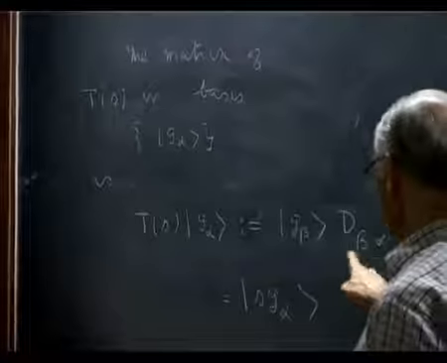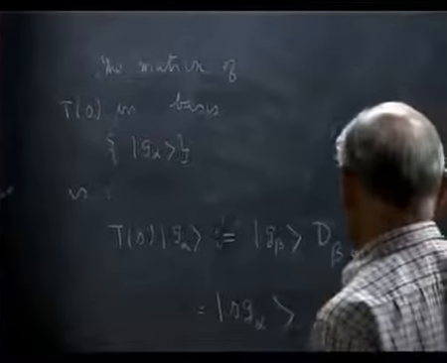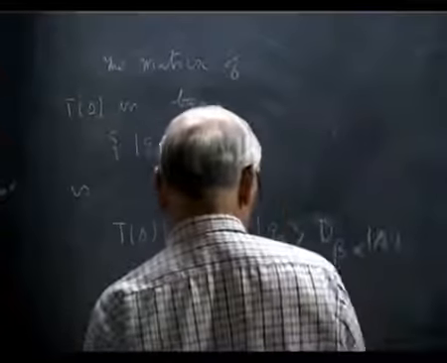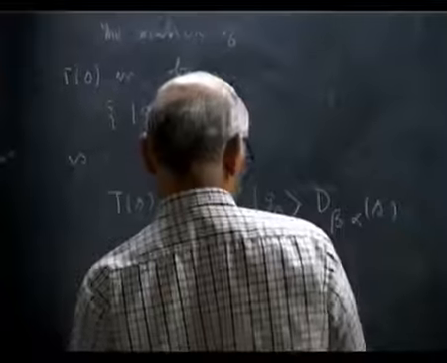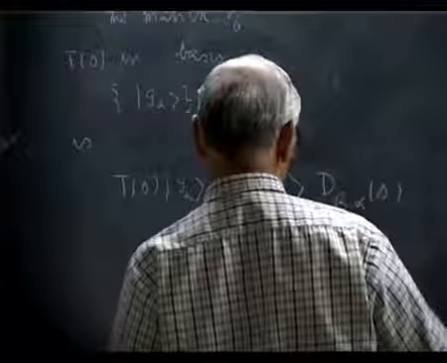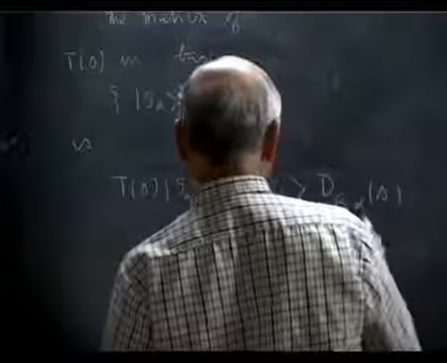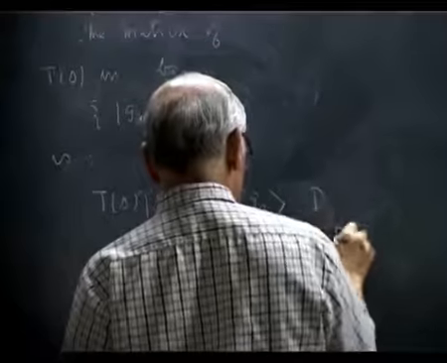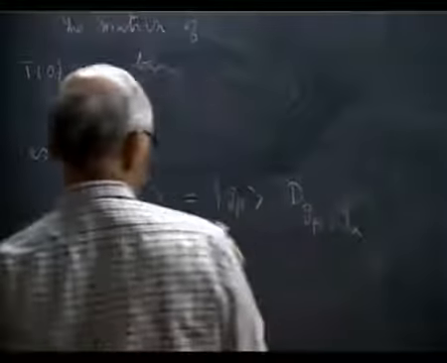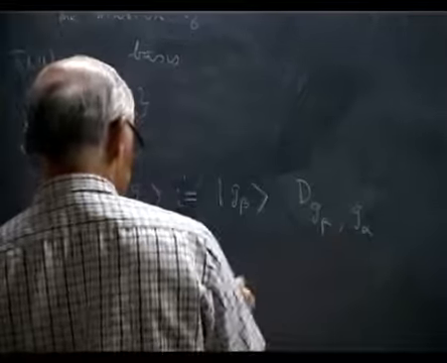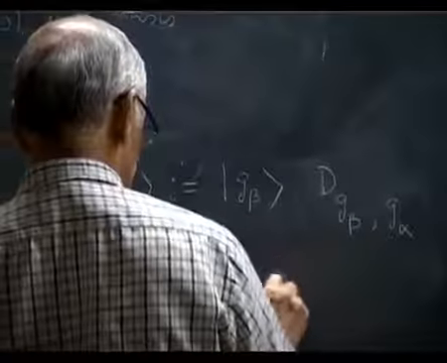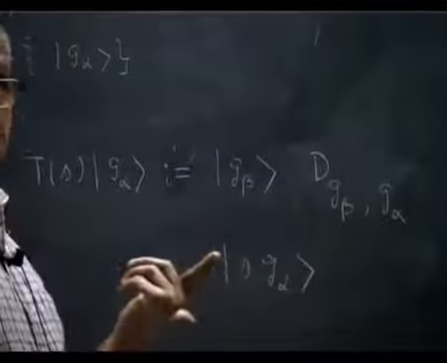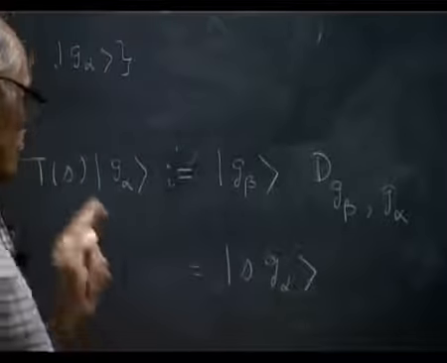Maybe I should label the matrix elements. It's better to label them by d of G beta, G alpha, summation over G beta, and then write this as S G beta, S G alpha. I label the matrix elements by the group elements instead of numbering. It's easier to see what is happening.